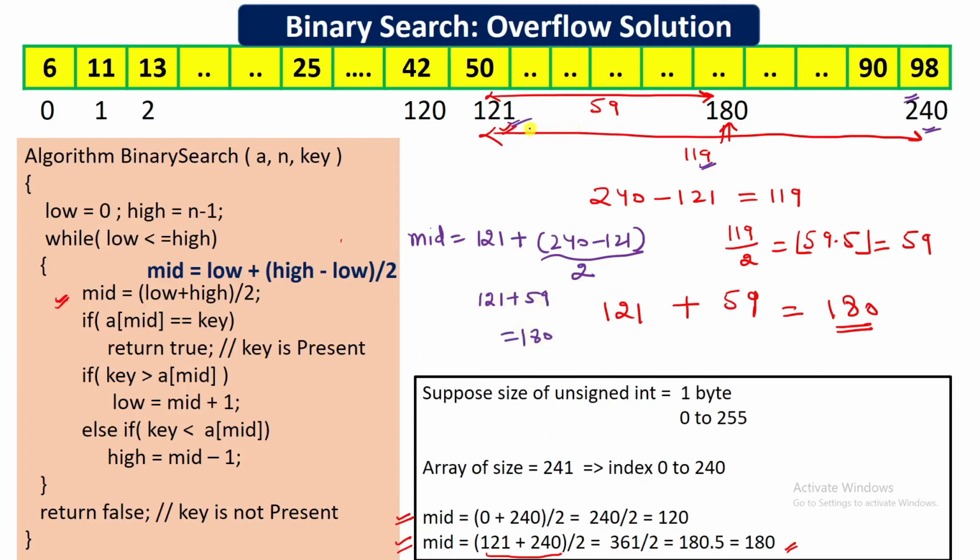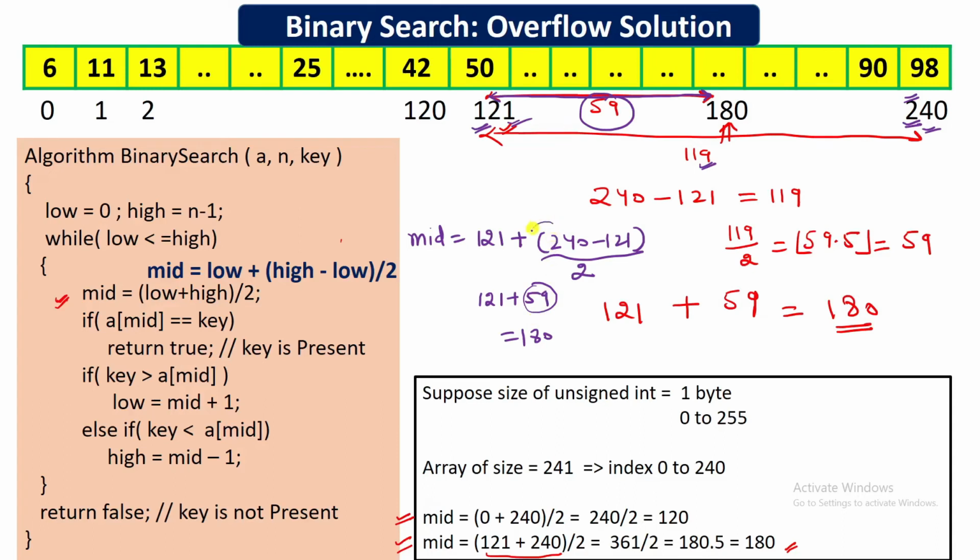The basic idea was, instead of adding these two numbers, you just take this difference, and from 121 you add half of this difference. This difference can be easily calculated by first finding the difference of this range and dividing by 2, so that the total answer, this 59, can easily be accommodated.